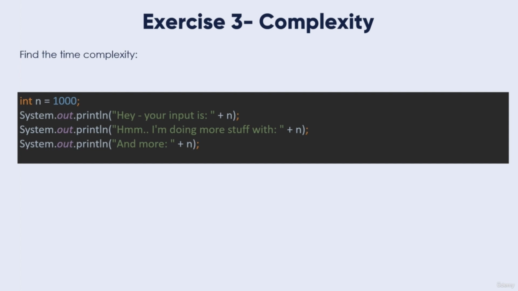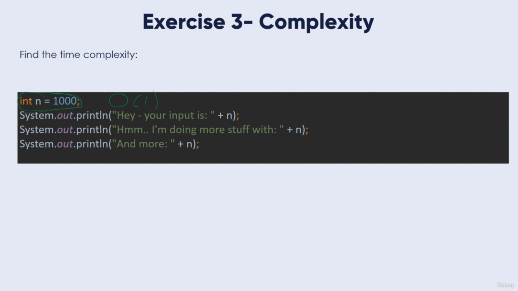So if we take int n equal to 1000, this 1000 is a constant, and with int n we are just declaring a variable here. So it is O of 1.